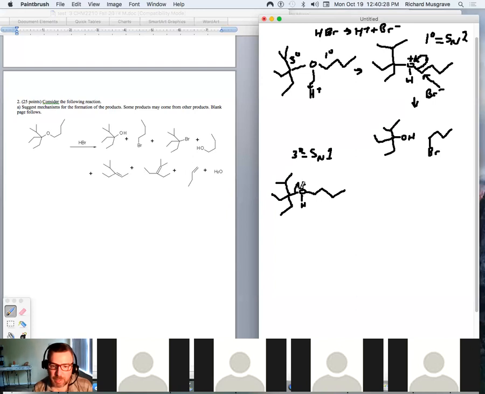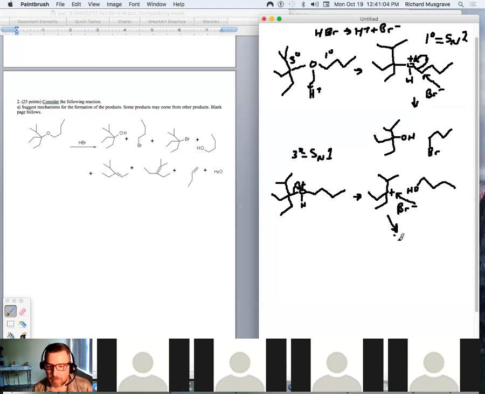The Sn1 attack is a two-step process that first involves the breaking of the CO bond to give this carbocation and this alcohol. And the Br- then comes in a second step.